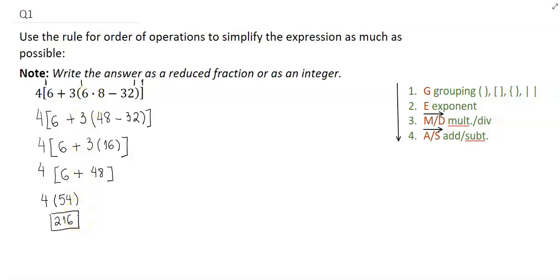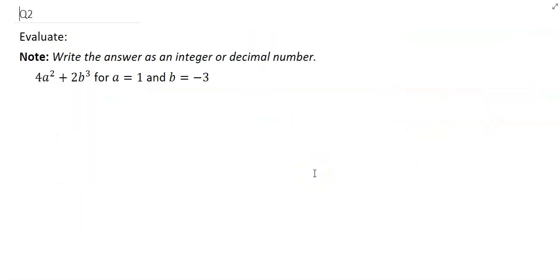Okay? So I'm going to proceed to question number 2. Now I don't have a numeric expression. I have what we call an algebraic expression because it contains two variables, the variables A and B. And I gave the value for A and B. So I'm going to do a substitution of the variable by its value on the original algebraic expression.